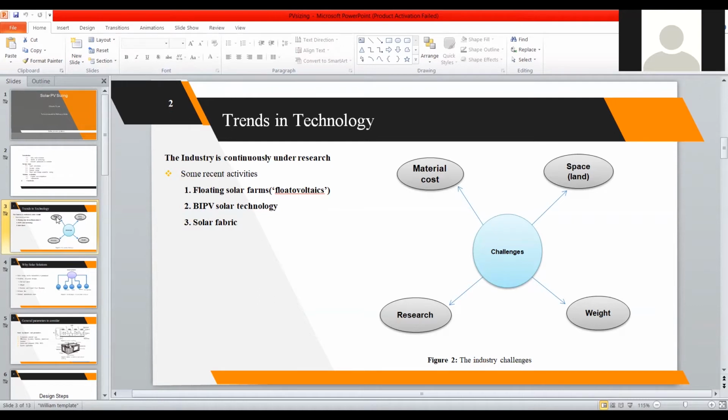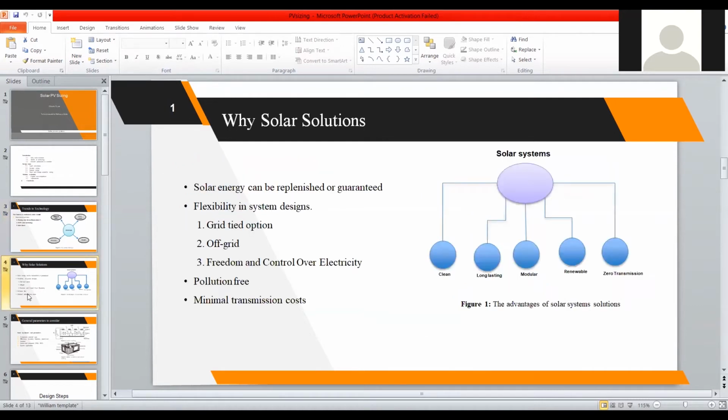When we talk about why we go for solar, basically we are going for solar because of its flexibility in the nature of electricity that we get. For example, it can be grid tied or it can be off grid, and it's also modular. In short, I decide how much power I want to generate in order to fit my capacity, or rather the cost that I have. If I just want power for lighting, I can do that.